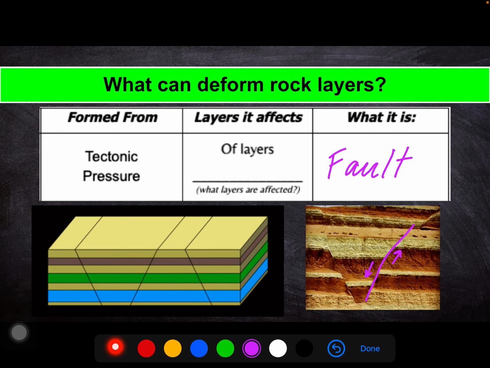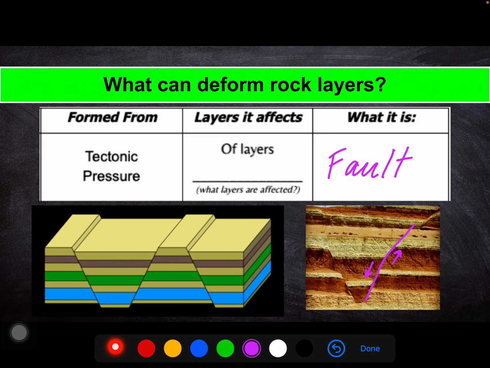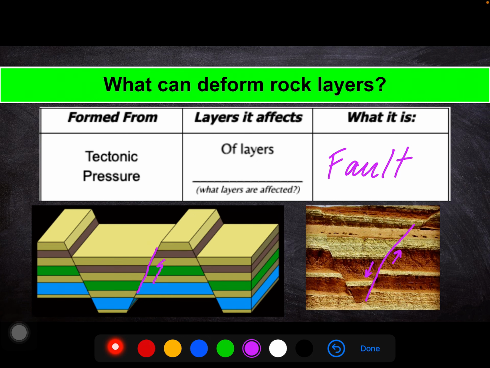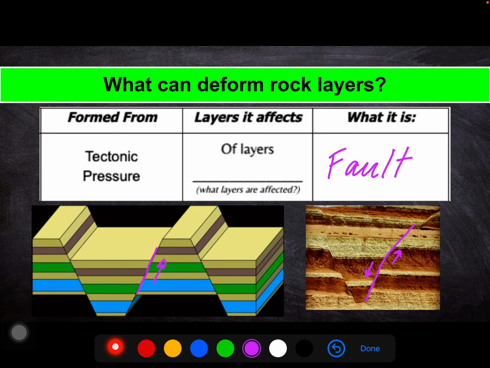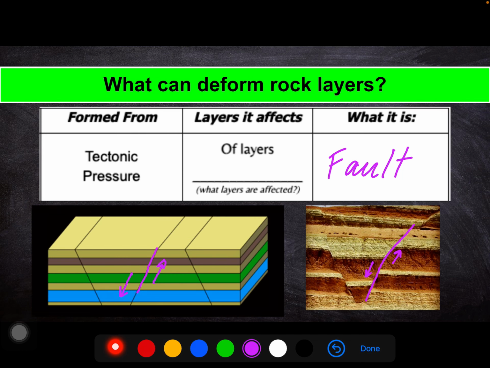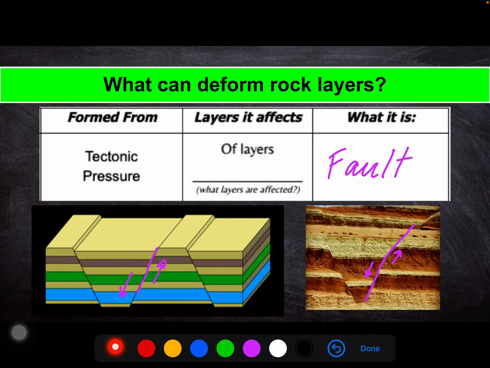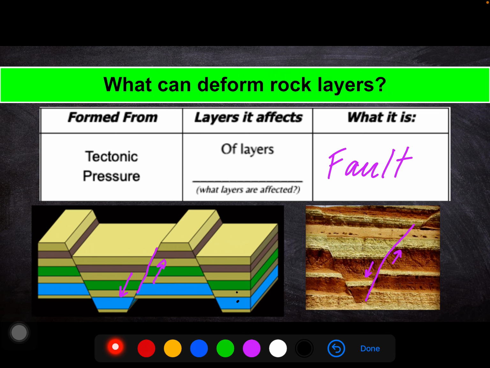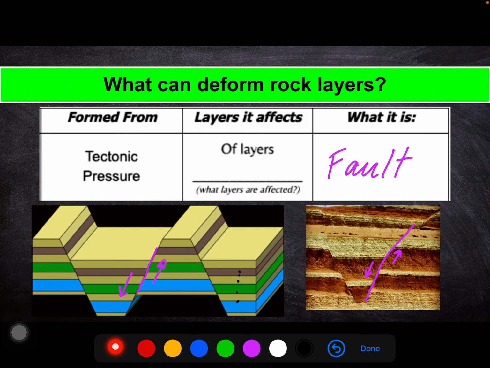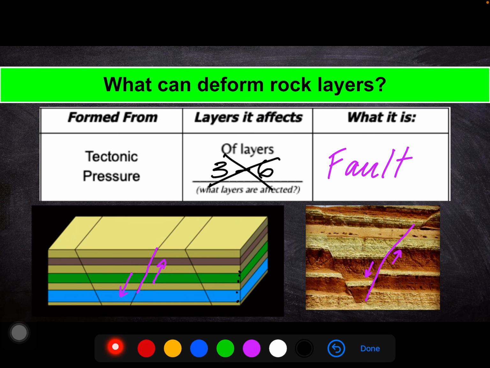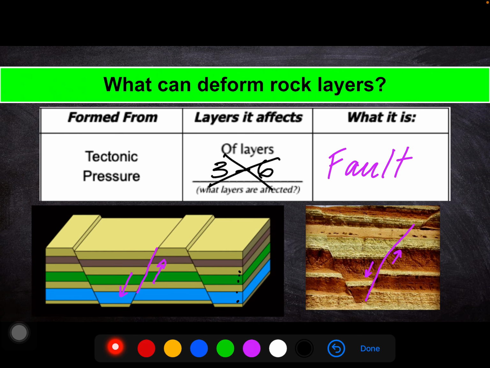That can really happen from either pushing or pulling, but these cracks occur and we see one piece rise up while the other piece really sinks down, and again makes those layers offset. So if we were doing this on a cross section, we would keep track of all these layers and we'd be able to say, okay, layers 3 through 6 got faulted or whatever it is. But again, nothing specifically to fill in right now.